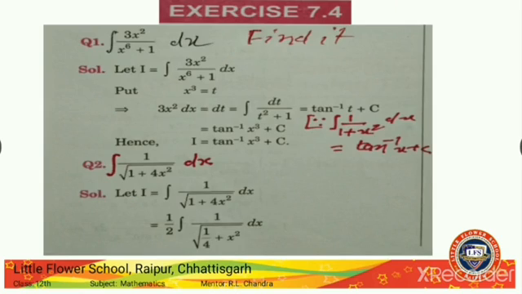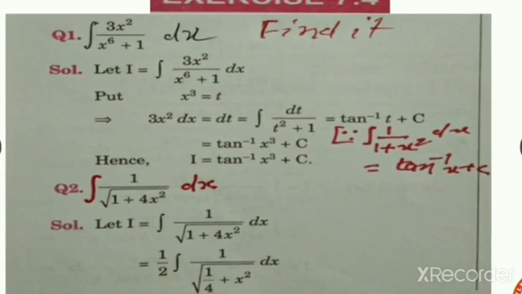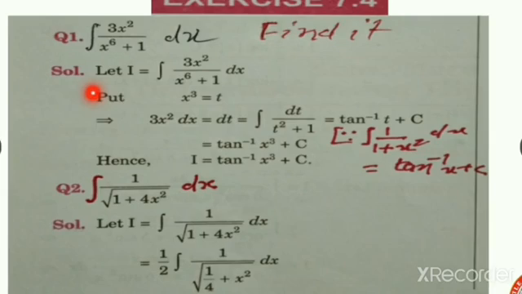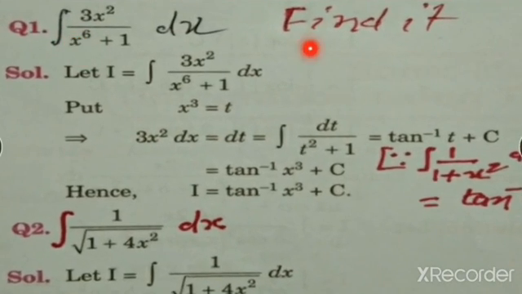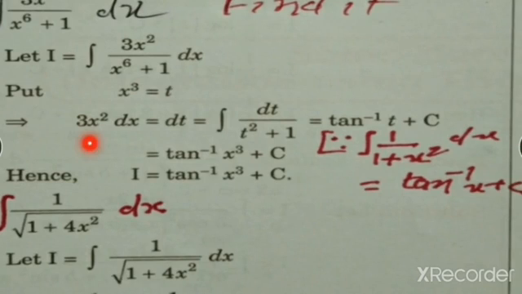Now refer to exercise 7.4, question number 1. Integrate 3x square upon x raised to 6 plus 1. Let I is equal to integration 3x square upon x raised to 6 plus 1. Consider x cube is equal to t. We can write its differentiation: the differentiation of x cube is 3x square dx is equal to dt.